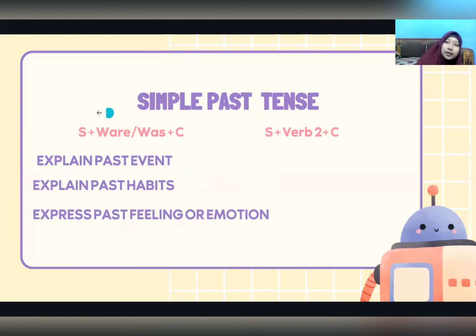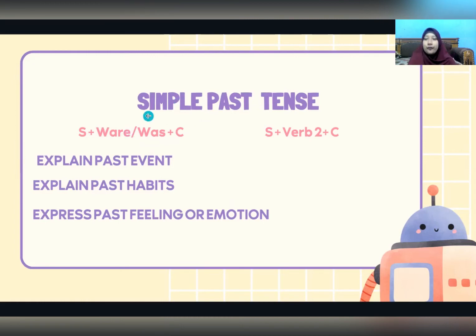The formula used in the simple past tense is subject, and don't forget to use to be. The to be used in simple past tense is were or was. Was is used for the subject he, she, it, I, or the name of a person like Wulan, Maria, Reno, Kela, etc. Were is used for the subject they, you, we.